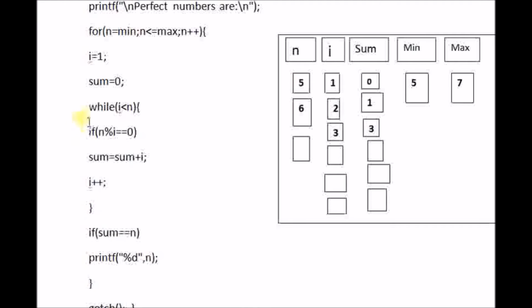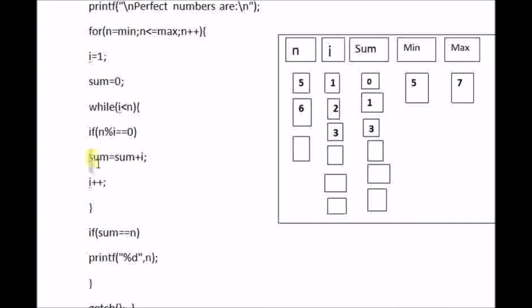The control goes back to the while loop. New value of I is 3. Is 3 less than 6? Yes, the condition is true. If 6 mod 3 equal to 0, 6 divided by 3 gives the remainder 0.